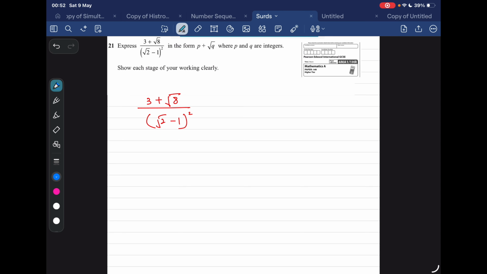Using the surd rule, you could write 8 as 4 times 2. Why did I choose 4? Because 4 is a perfect square. That's why I chose it here.